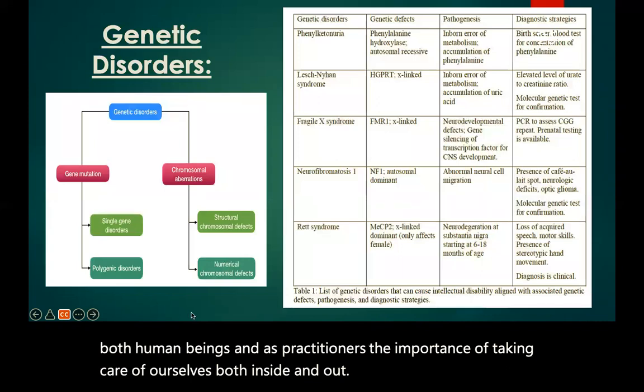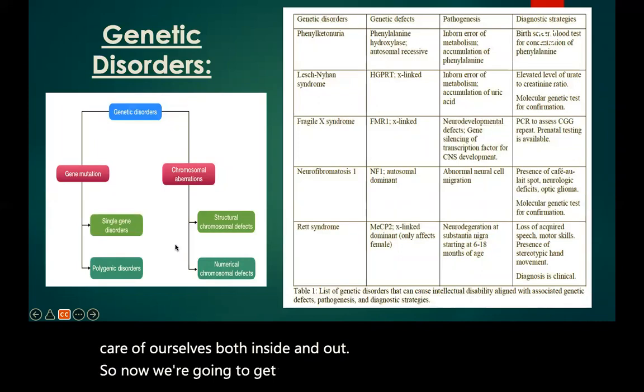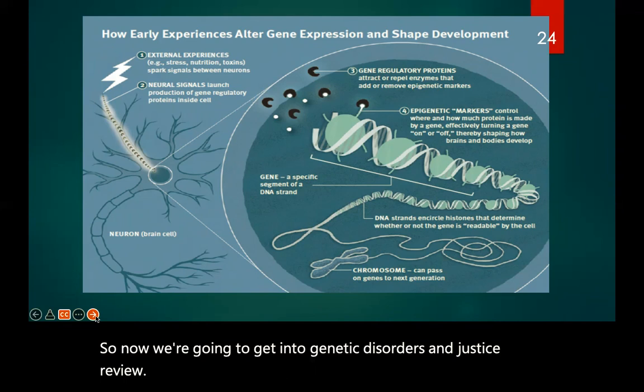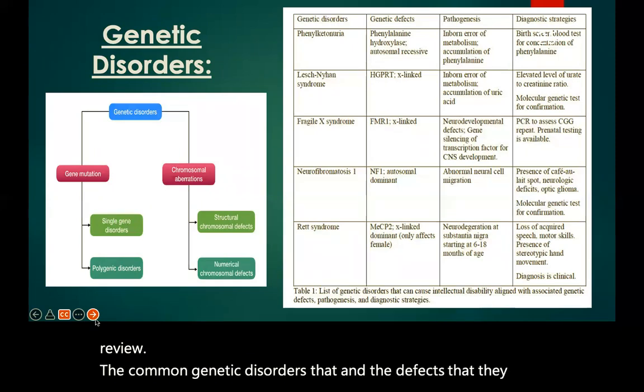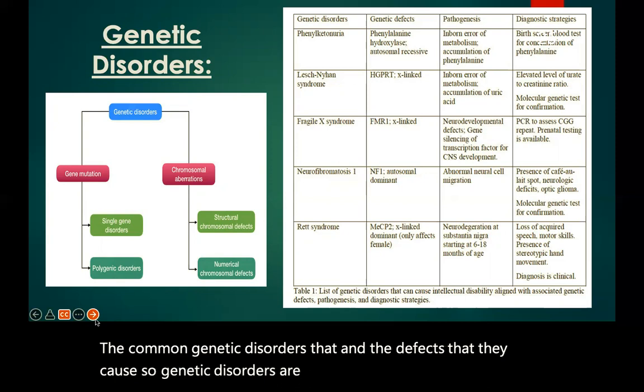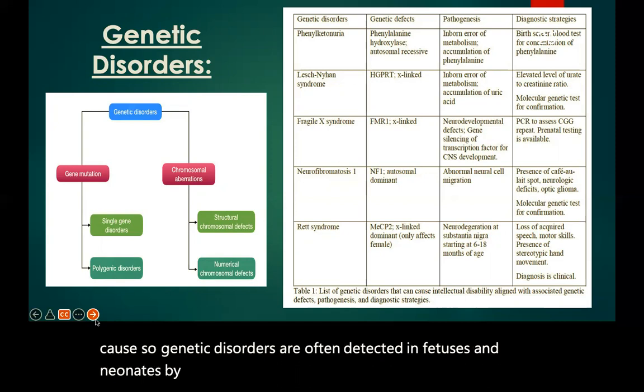Okay, so now we're going to get into genetic disorders and just review the common genetic disorders and the defects that they cause. So genetic disorders are often detected in fetuses and neonates by prenatal and newborn screening.